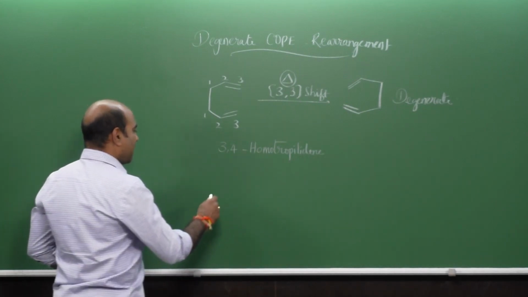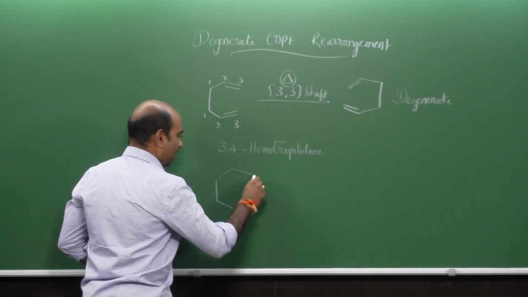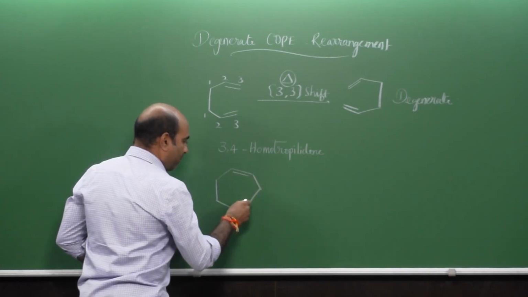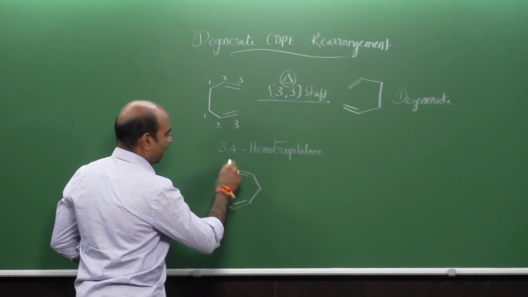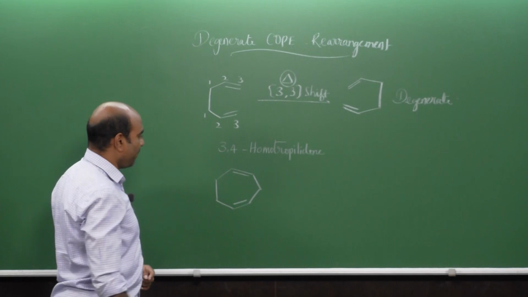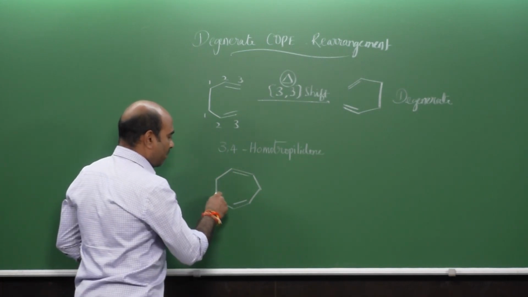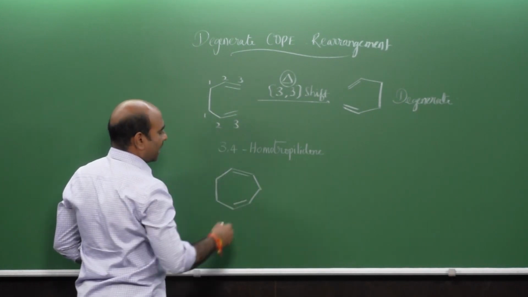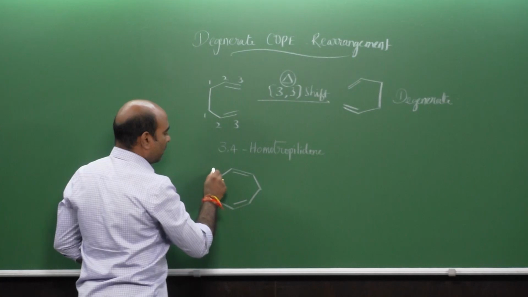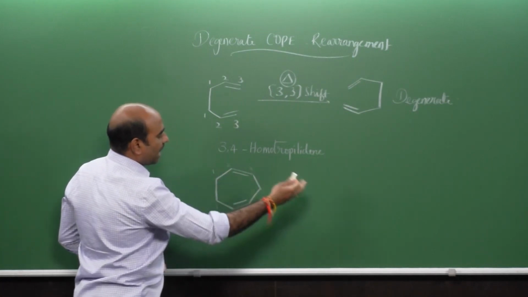It is a bicyclic molecule where you can see the 7-membered ring: 1, 2, 3, 4, 5, 6, 7. It is potentially able to undergo the Cope rearrangement because it resembles the 1,5-diene system. So 1, 2, 3, 1, 2, 3.